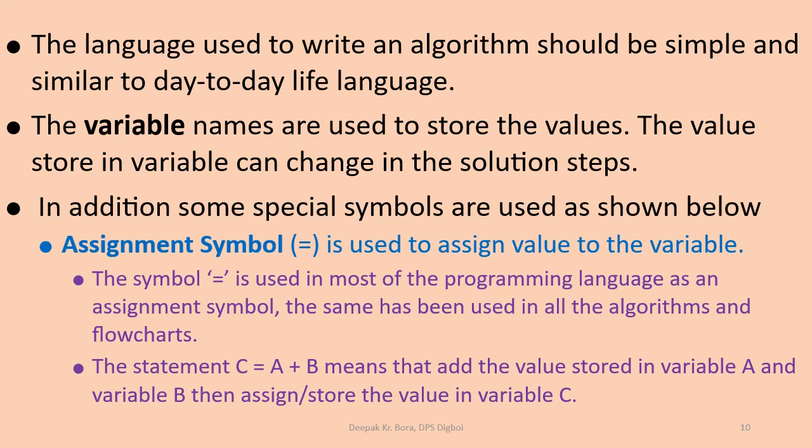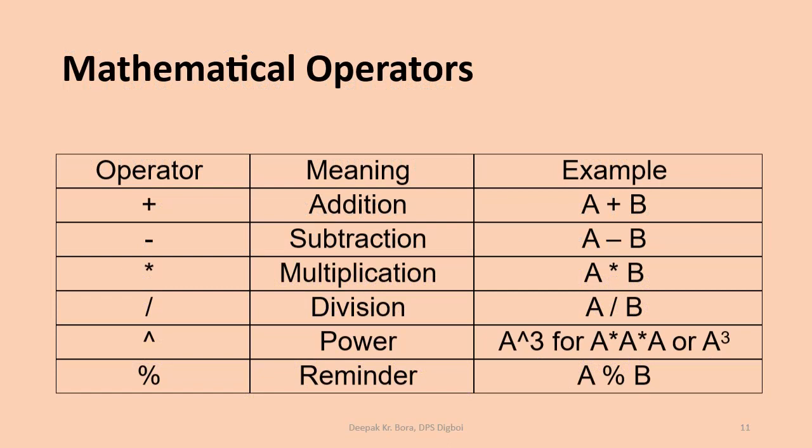Next, the statement C = A + B means that add the value stored in variable A and variable B and then assign or store the value in variable C. We are also going to use some mathematical operators. I am sure you are familiar with most of the operators, that is plus, minus, multiplication.